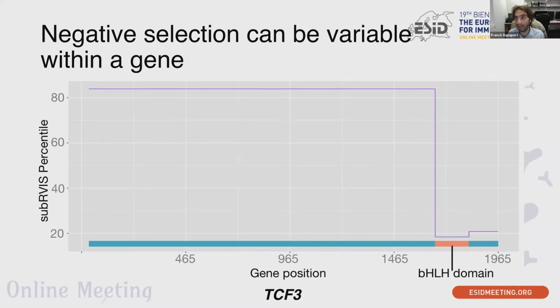The value of subaris is higher than 80, meaning that more than 80% of the gene domains are under stronger selection. But this small BHLH domain is under very strong selection with a value less than 20, meaning that only 20% of the domains are under stronger selection than this domain.